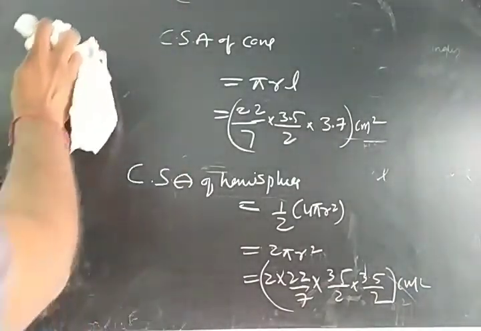Now I am going to add these two values, the CSA of the cone and the CSA of the hemisphere. That will give the area of the plateau, right? The total surface area of the plateau.